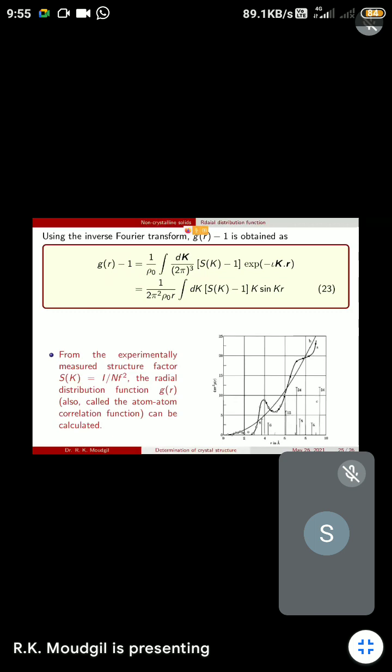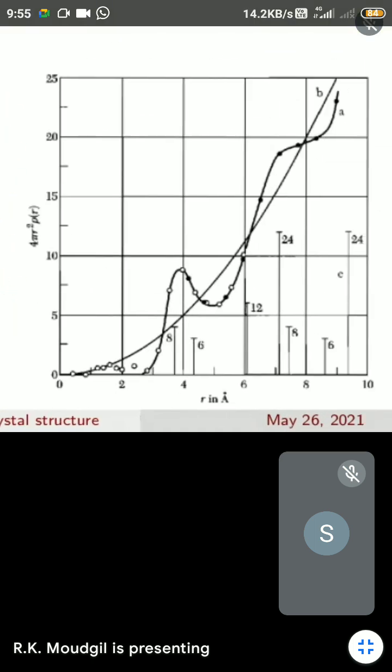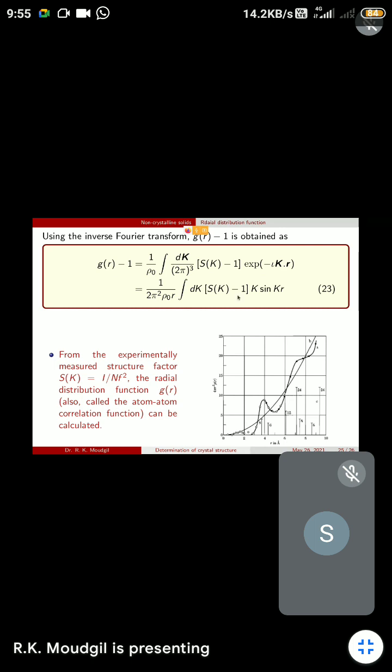If you look at the structure factor S(K), which is the liquid structure factor, which is scattered X-ray intensity, I have not drawn that figure here. If you see chapter 17 of Kittel, there is scattered X-ray intensity plotted as a function of scattering angle. That scattered X-ray intensity contains a single broad peak.